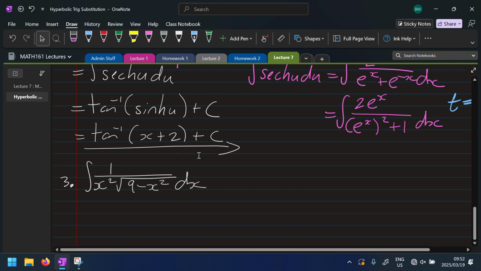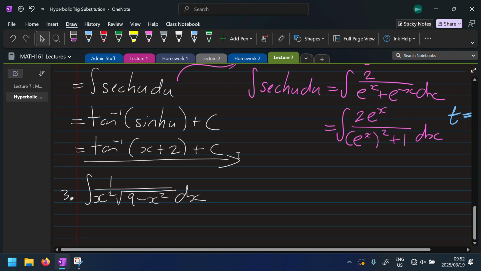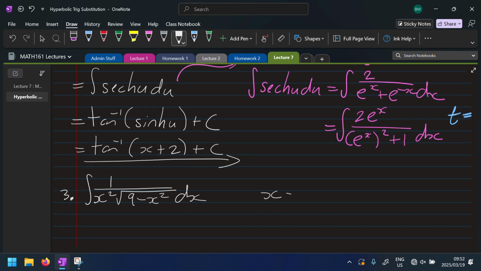So let's do it the hyperbolic way. Here we have a squared minus x squared, so that's a tanh substitution. So x is tanh u, but the a is 3, so we need to put a 3 in front there. If we were to do a trig substitution, which one will it be?